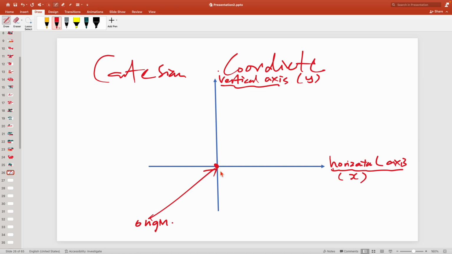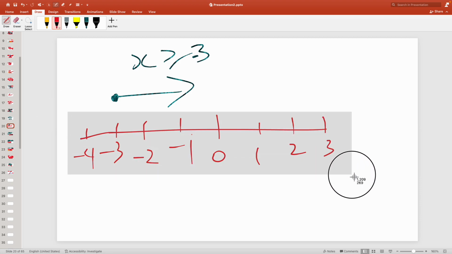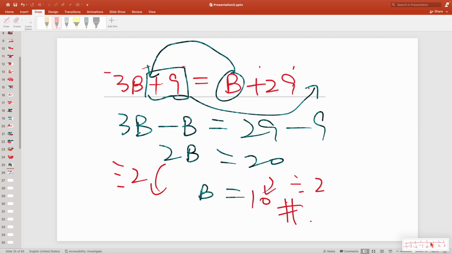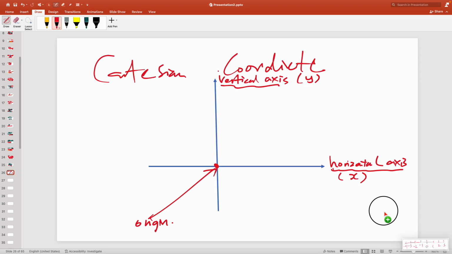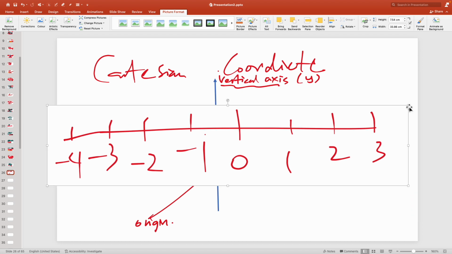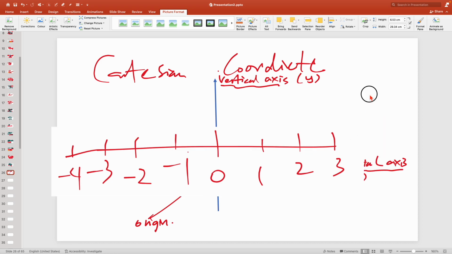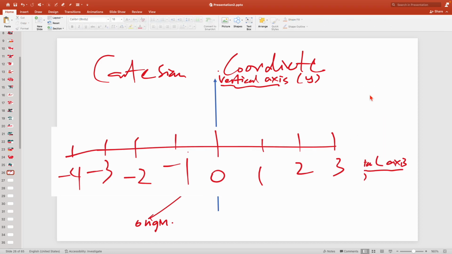So, what it means is, if I make use of the axis here, my 0 is here. 1, 2, 3. Negative 1, negative 2, negative 3, negative 4. Extend it a little bit.